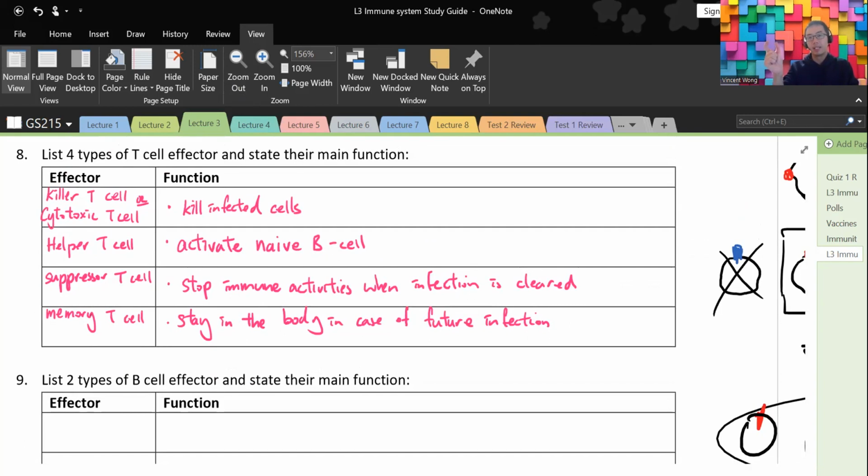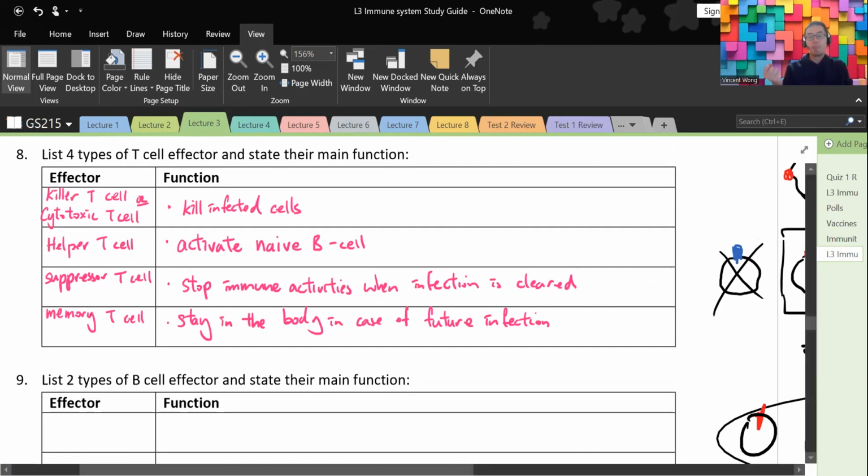Designed specifically for that particular infection. Okay. So when the thing comes again, you will be able to fight it off much quicker, right? The symptoms will be milder compared to previous exposure.